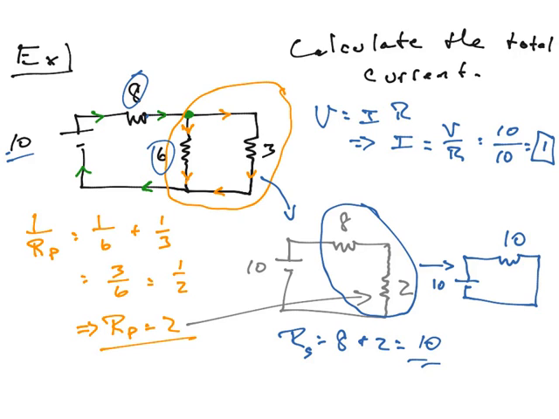So you can't say 8 and 6 are in series, and you also can't say 8 and 3 are in series. But what you can say is that this combination of 6 and 3 that's parallel, whatever that thing is, that's what's in series with the 8.